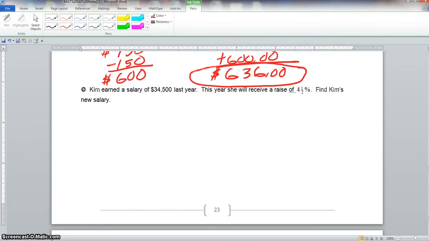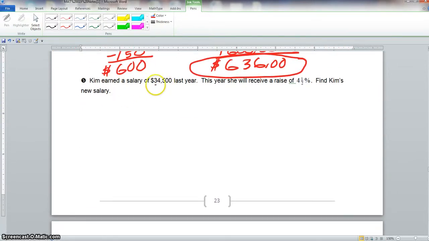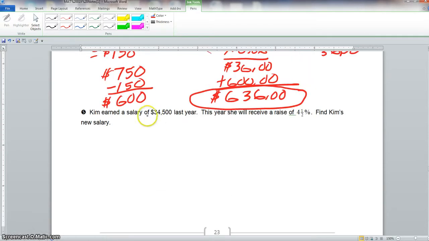Okay, now number 5. Kim earned a salary of $34,500 last year. This year she will receive a raise of 4.5%. Find Kim's new salary. So this is how we would set this up. We will have X because we do not know what Kim's new salary is. And it's equal to, her last year's salary was $34,500.